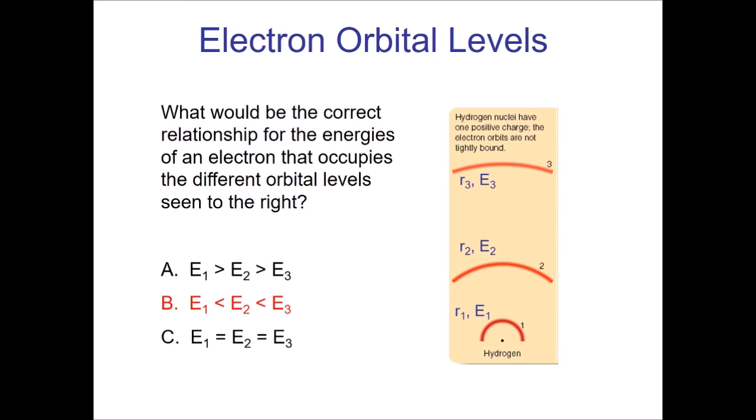It's attracted to the earth. It wants to be down if it can be down. If you want to move an object further away from something it's attracted to, you have to lift it. And that requires energy to do that. And that's why as you push the electron farther and farther away, it's going to have more and more energy because you're putting energy into allowing the electron to be farther and farther away.